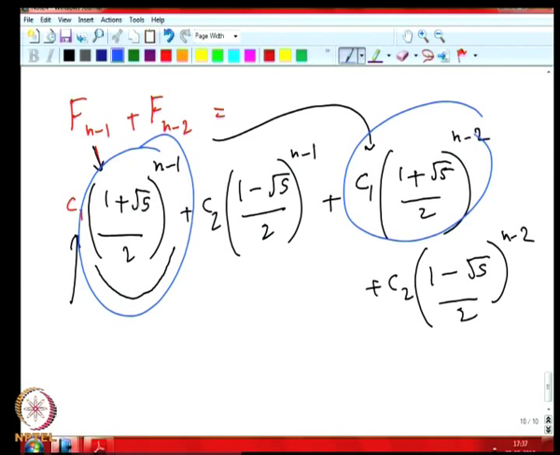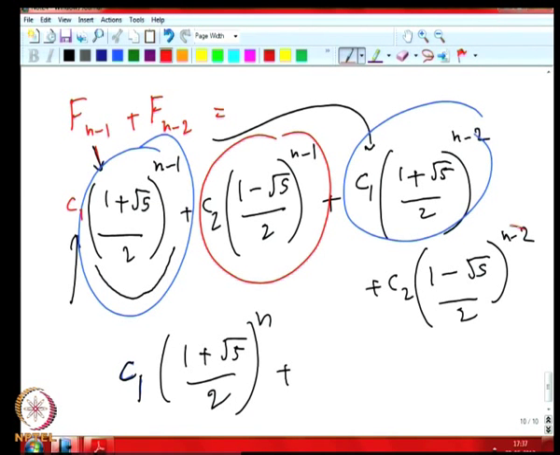That is c1 times this plus this, which is going to be c1 times (1 plus root 5 by 2) whole power n, because we know that q to the power n minus 1 plus q to the power n minus 2 is q to the power n when q is taken as 1 plus root 5 by 2, right.